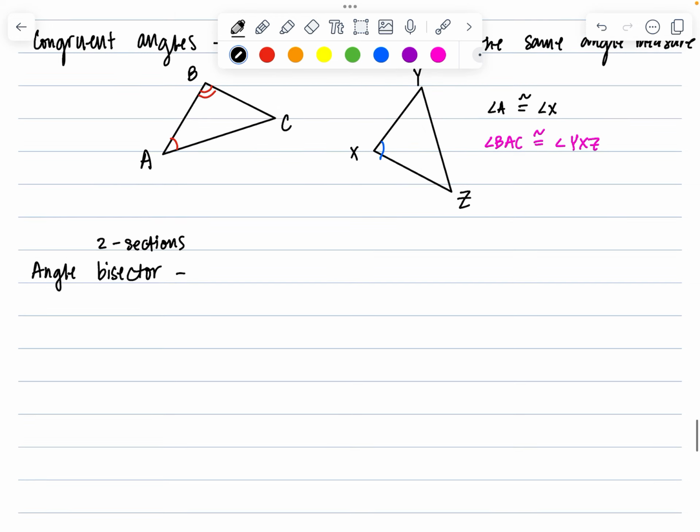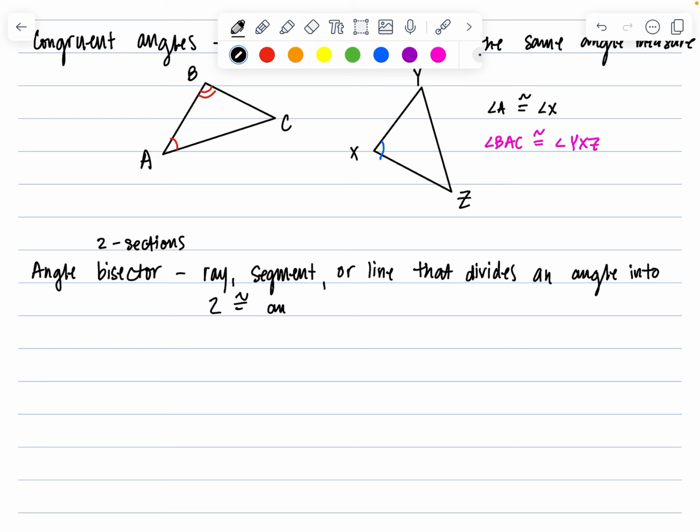So an angle bisector is a ray, segment, or line that divides an angle into two congruent angles. So if you really think about it, this is kind of what a midpoint does. If we remember what a midpoint is, a midpoint divides a segment into two congruent segments, right? An angle bisector will do the same.